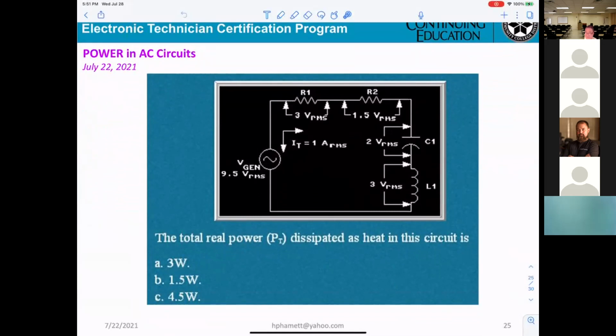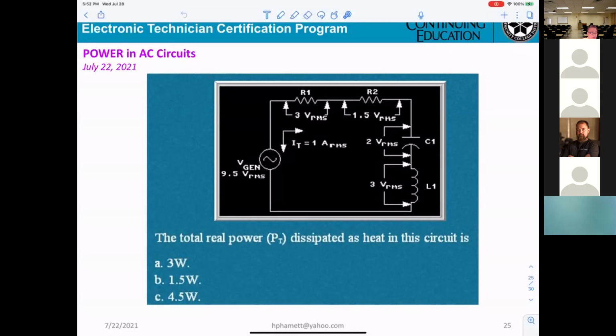Now, on that one, the total real power, P total, dissipated as heat in this circuit is, you do the calculation and tell me A or B or C. C. Perfect. The real power happens only on the resistor.